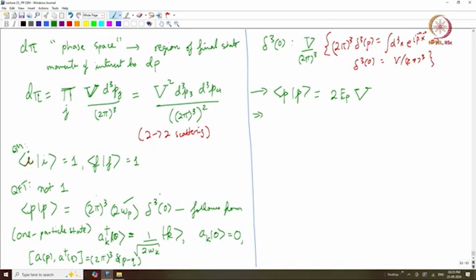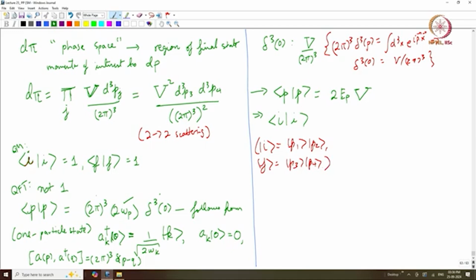Now that means if I take the initial state, right, what is the initial state here? I have two particles in the initial state, right? Initial state is P1, P2 together. And the final state is P3, P4.